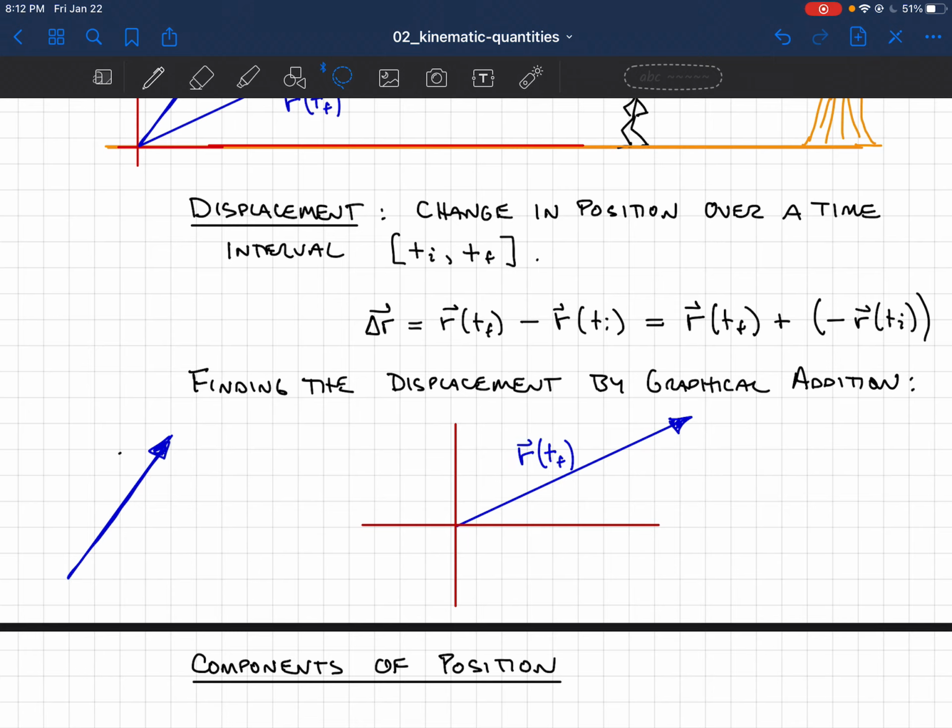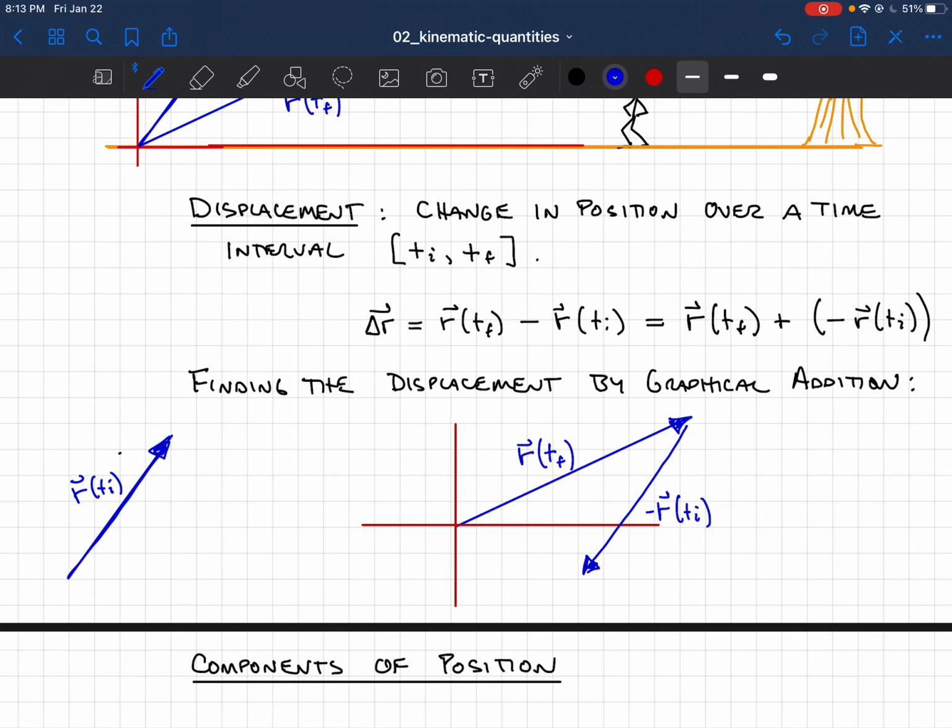And then we add to it not r of t initial, but the opposite of that vector. So we want to take r at t initial, but with a minus sign in front of it. So let's do that. There it is.